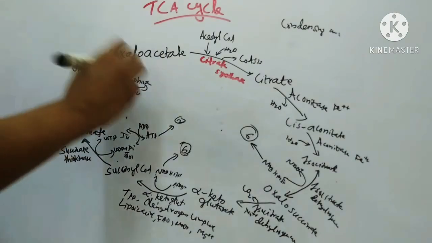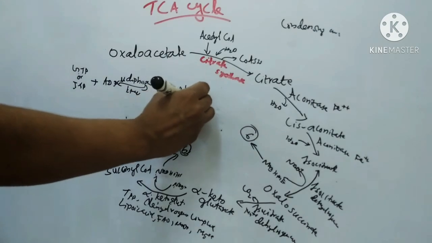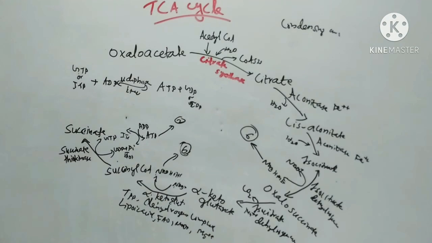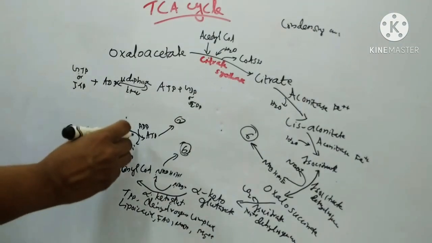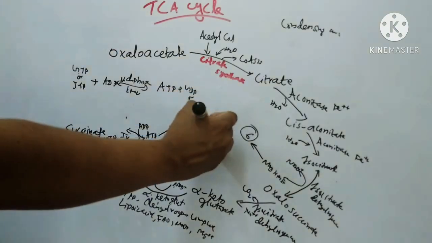GTP or ITP plus ADP, by the enzyme nucleoside diphosphate kinase, is converted to ATP plus GDP or IDP. So this is the formation of ATP here. ATP is produced at the substrate level without the participation of the electron transport chain.